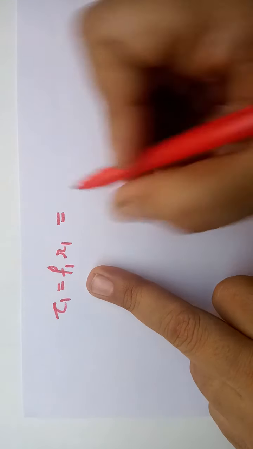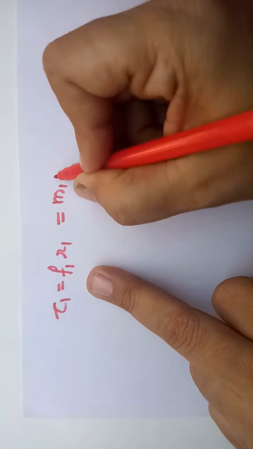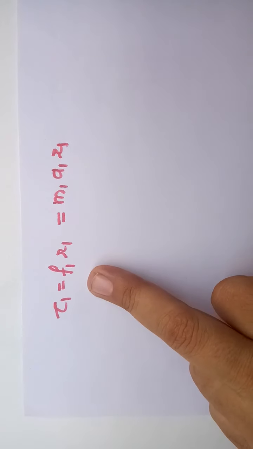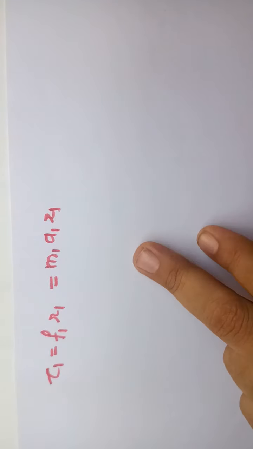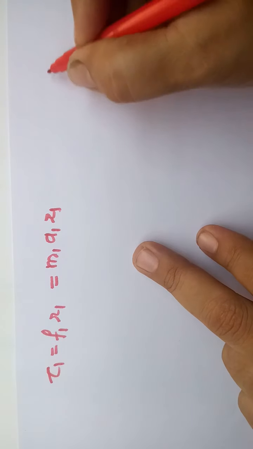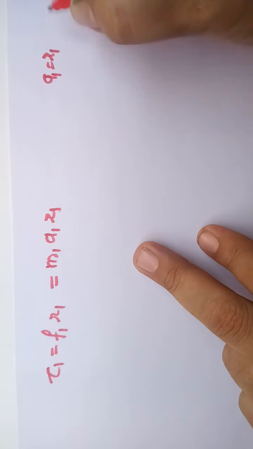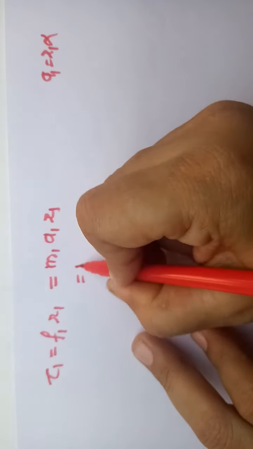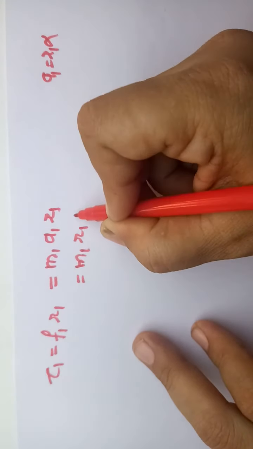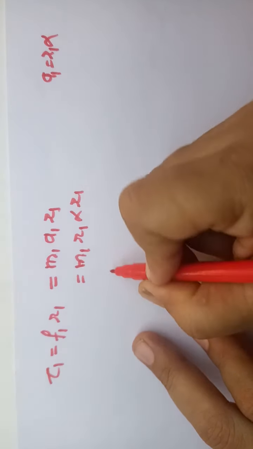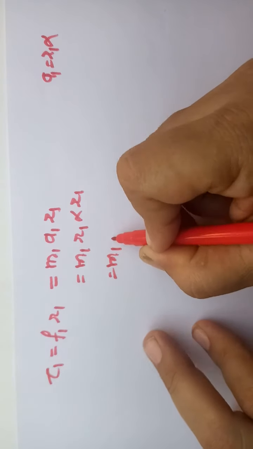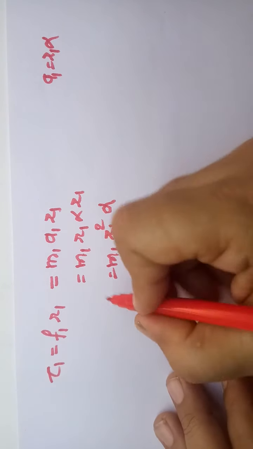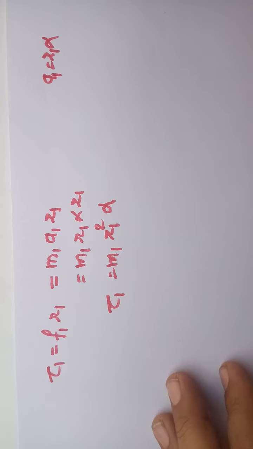For the first particle, its mass is m1 and its linear acceleration is a1, multiplied by r1. Now put the value of a1. We can say a1 is equal to r1 into alpha. For the first particle, we put that value here. We get m1 into r1 into alpha into r1, that is m1 r1 square into alpha. So this is the torque for the first particle.